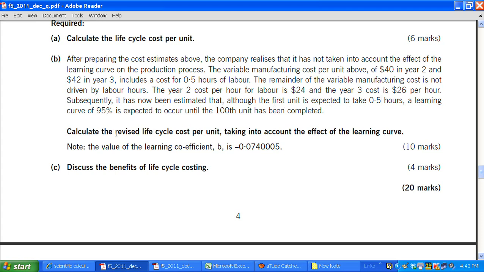So they want us to calculate a revised life cycle cost per unit, taking into account the effect of the learning curve. So they're telling us that a learning rate of 95% is expected to occur until the 100th unit has been completed. Okay, so what does it mean?